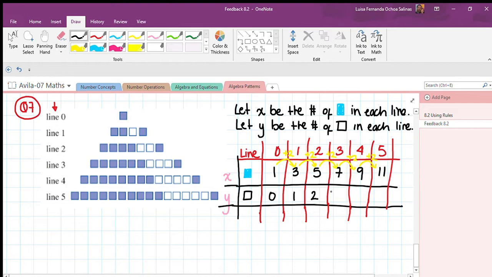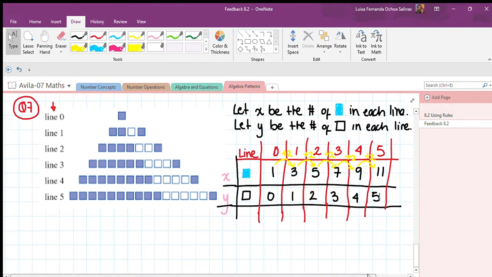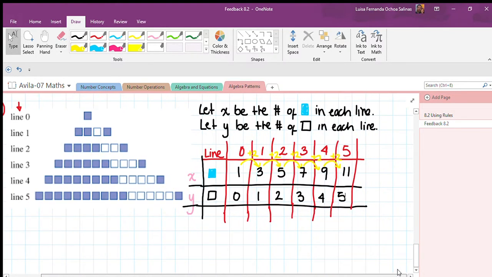Remember that when we worked on the previous one, I don't write this sequence because it's very obvious that it's going one by one. I'm not thinking about the relationship here. I'm thinking about the relationship between X and Y, okay? So I'm going to continue my table in the same way that we have done before.